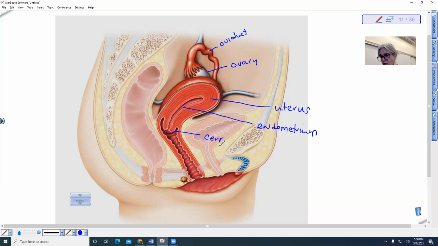And the cervix is important, obviously, because it keeps the developing embryo inside of the uterus. In order for the baby to come out, it has to dilate, which means it has to get big in diameter, right? And it has to thin. But it also protects the female when she is not ovulating. There's actually no way for sperm to get up through the cervix because there is a little mucus plug that would prevent sperm. So this is the separation between the vagina here and the uterus here.